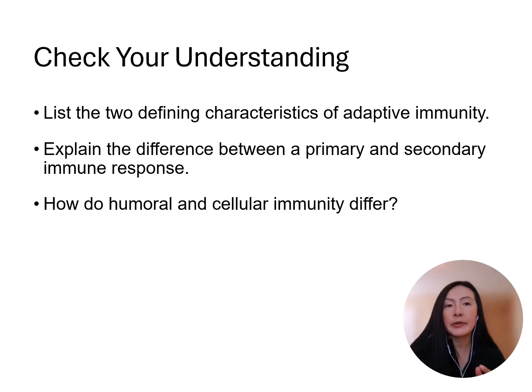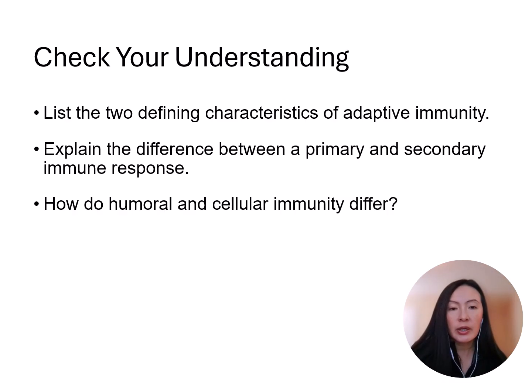So the primary response is that first response or first exposure to the antigen. It's a slow onset and we have lower antibody levels. IgM antibodies are produced first, followed by IgG. In that secondary immune response, it's re-exposure to the same antigen, so it's rapid and strong. You're going to see a high IgG antibody response, and it's driven by memory cells.